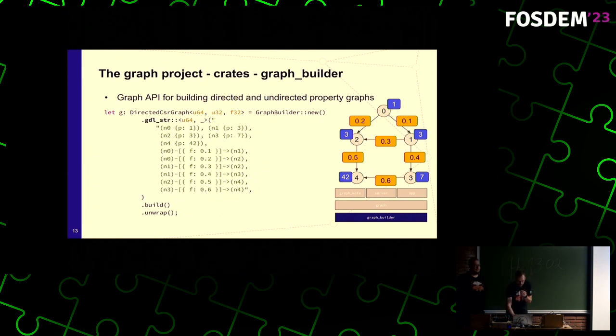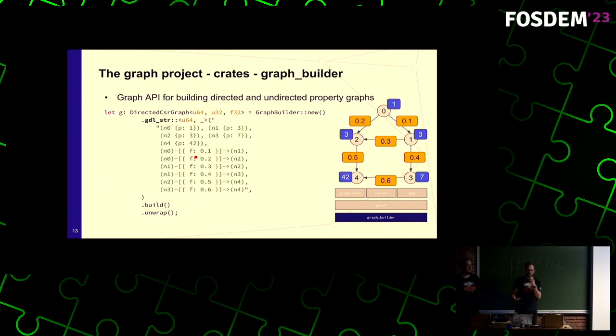So this N0 in parentheses is node 0, and this JSON-style map here is the property map, like P1, for example, to describe node 0. An edge is expressed by node 0, where you can refer to a variable that you declared earlier, and connect it to another one called N1, which is this edge description. And you can also provide properties to this edge.